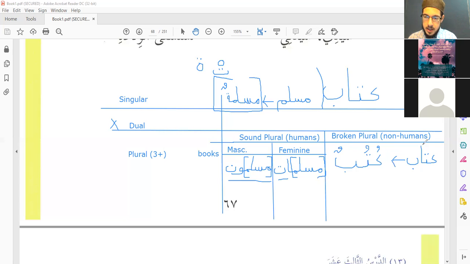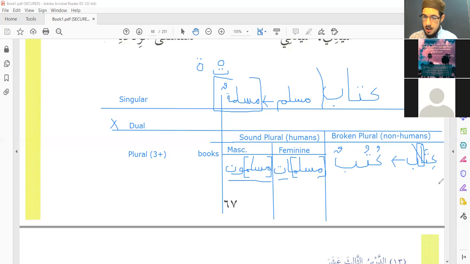The alif has gone missing. First of all, alif has been axed. Second of all, the harakat have changed. The kaf used to have a kasra, now it has a dhamma. The ta used to have a fatha, now it has a dhamma too. The word has changed completely. Whereas muslim, muslimun is exactly the same as its singular form. That's what we mean when we say broken plural.